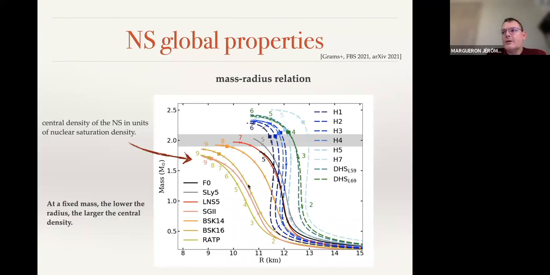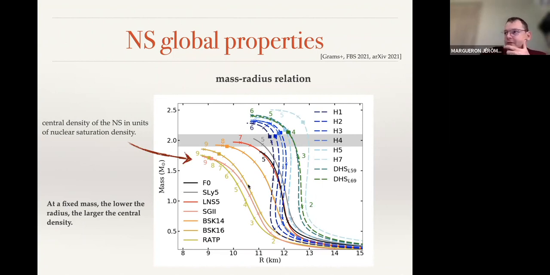So the model that is behind it, that we have calibrated on the predictions, is called the meta model. So this is a density functional approach. For the Skyrme models, it reproduces exactly the same features.